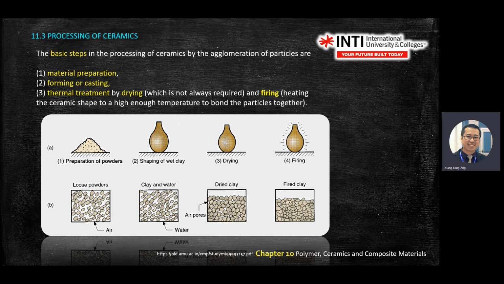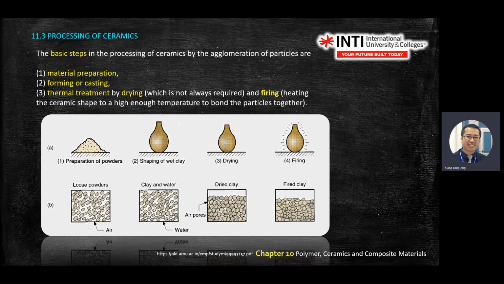So these are the microstructures that you have. When it's a powder, you have loose powder, then you mix it with water, and the particles will group together. The water will go in between the powders, and when it dries, all the powders will agglomerate, or arrange in a certain sequence, but they still have holes there.